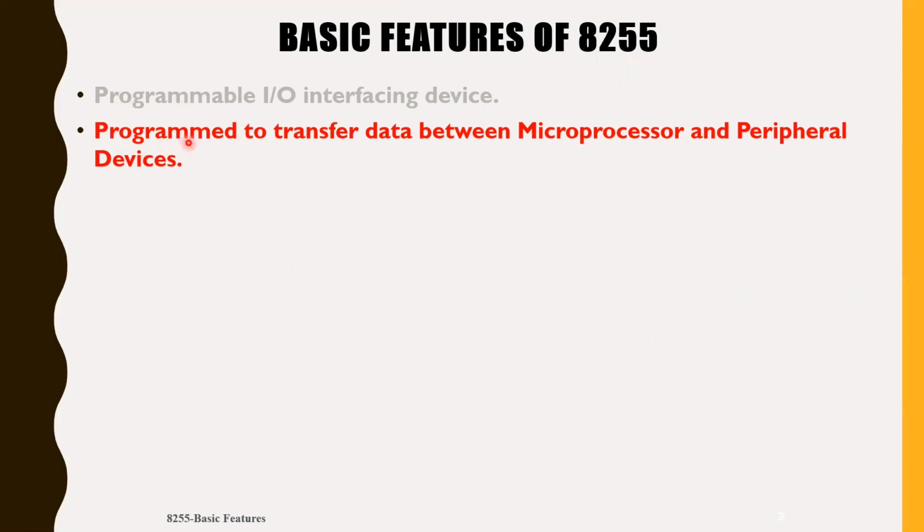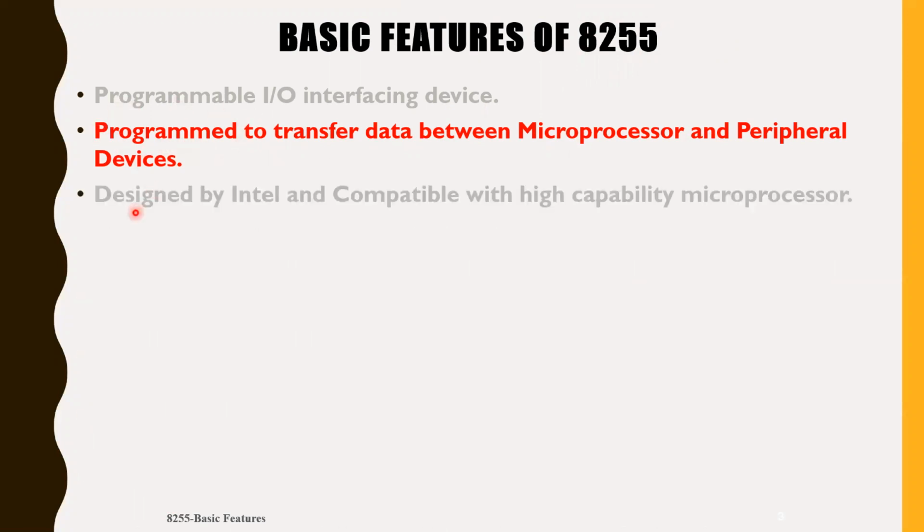This IC is required so that we can transfer the data between the two, and it is achieved by programming. This 8255 is designed by Intel and it has one major advantage, that it is compatible with high capability microprocessors. As it is an IC, we need to provide it the power supply so that it can be functional, and that power supply is plus 5 volt.